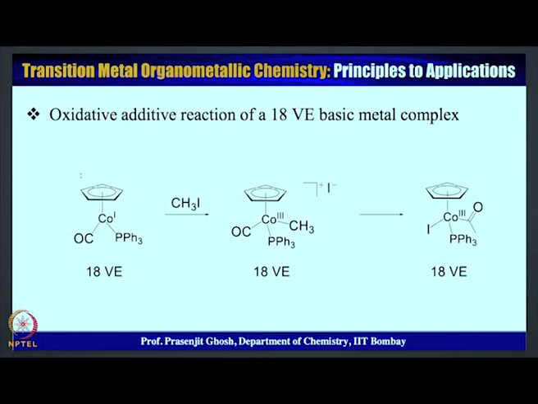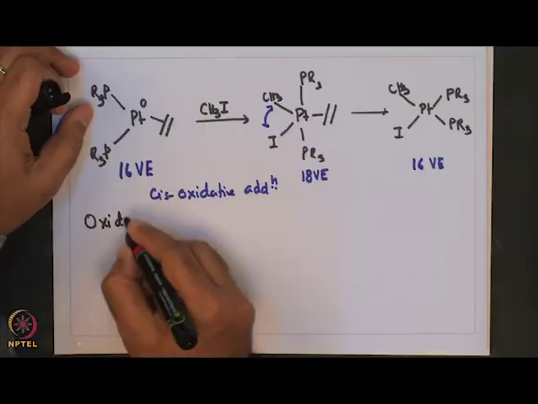Now, that would imply that an 18 valence electron complex might not undergo oxidative addition at all, but this is not true. Oxidative addition may also happen in an 18 valence electron basic metal complex.